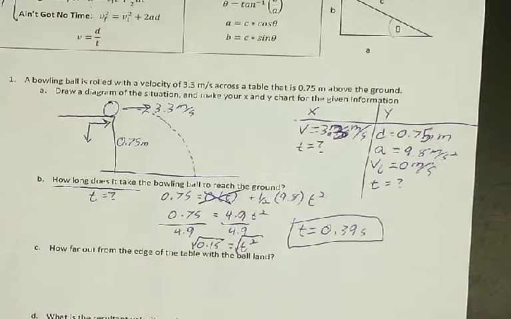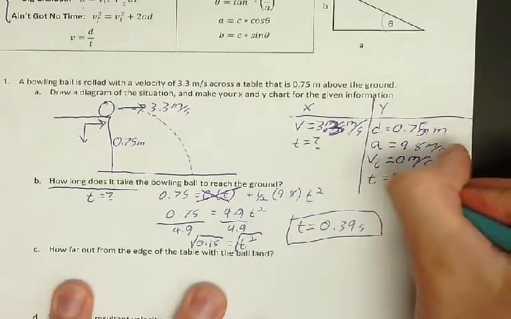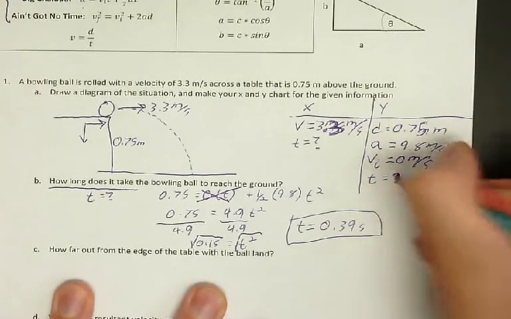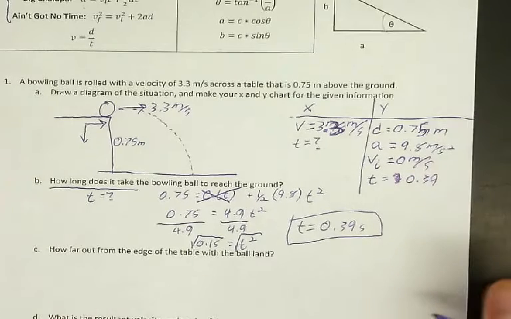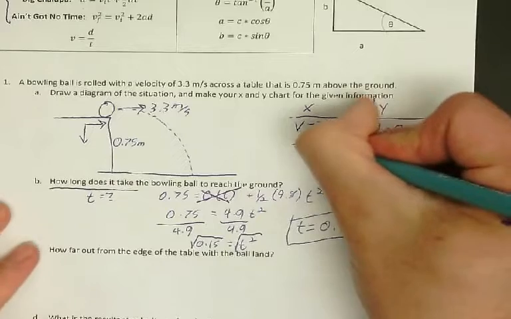There we go, there's the time. And this is the time for both the x and the y, so I can get rid of my unknown for t.